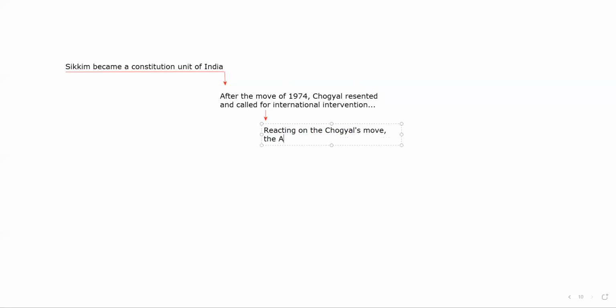The Assembly of Sikkim passed a resolution which, number one, scrapped the institution of Chogyal as constitutional head, as nominal head of the state.